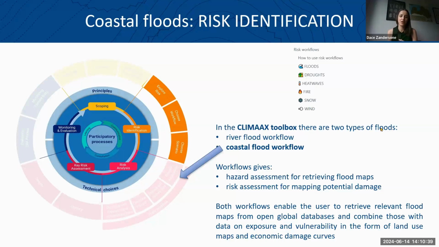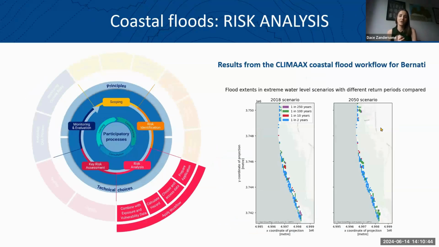We are working with these two scripts, and what are the results? Here is another step, which is risk analysis. Here are the first results which came out of the toolbox, which is on GitHub. If we run these scripts, just changing the coordinates to our own coordinates, then these are the first results.